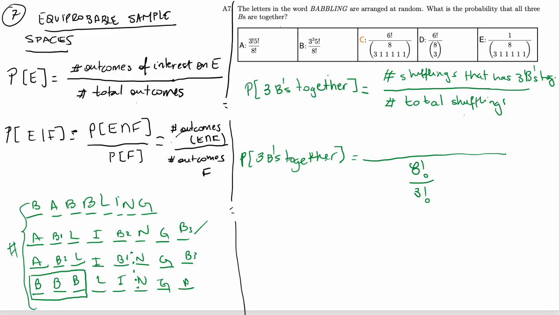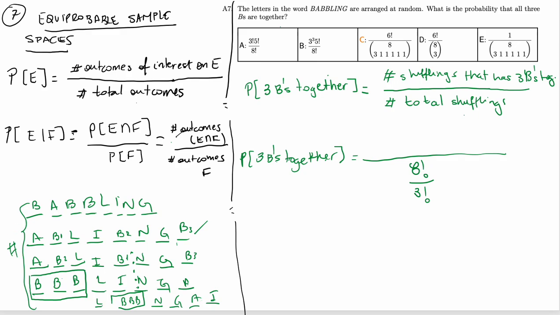Because this is one way, but this mega slot here can actually come after L, sorry. And all these letters can shuffle, but you're gluing the mega slot together.